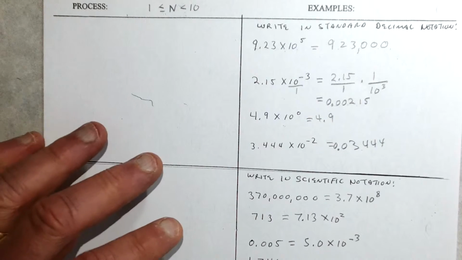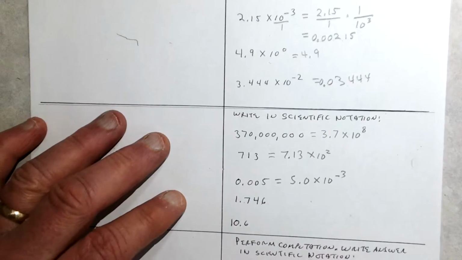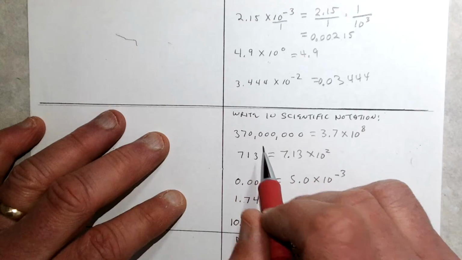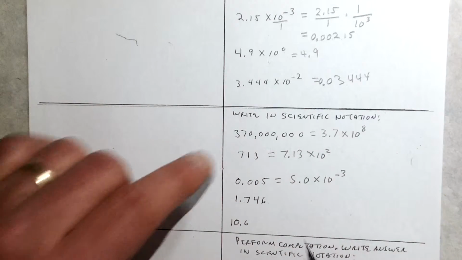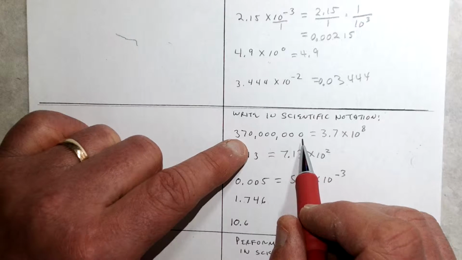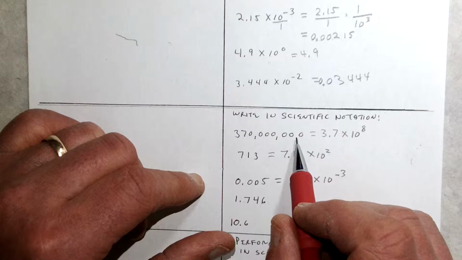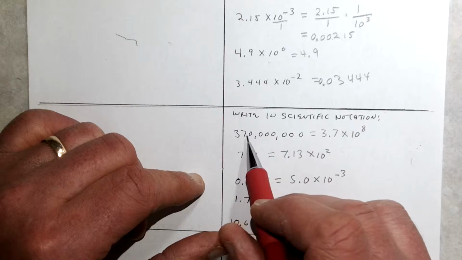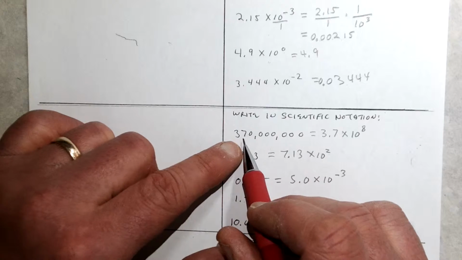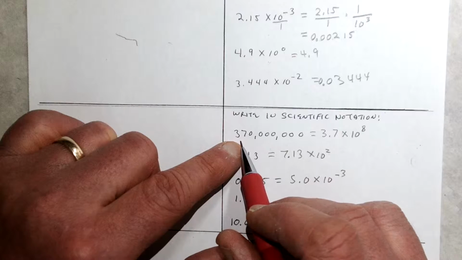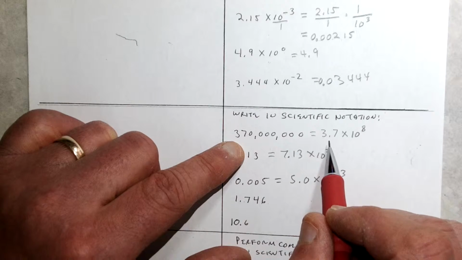Let's go the other direction. Let's start with a decimal form, and let's get it to scientific notation. So here's a pretty big number. If I counted back to get to a decimal between 1 and 10, it would take me 1, 2, 3, 4, 5, 6, 7, 8 spaces, or really 8 powers of 10, right? 10 times 10 times 10, 8 times, times 3.7 would get me this.